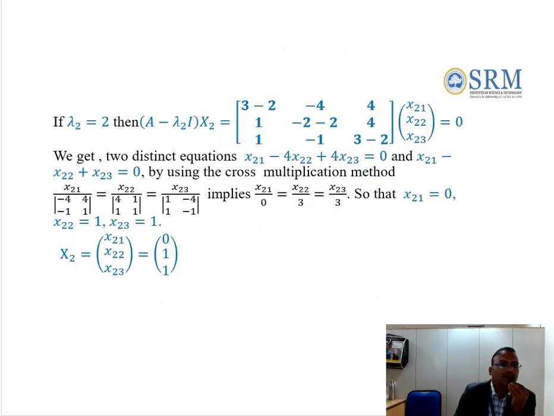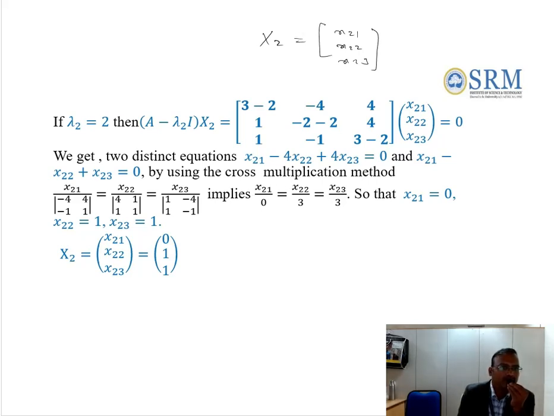Right. Now let us take the second eigenvalue, lambda 2 equal to 2, and replace it in the matrix equation (A minus lambda 2 I) x2, where x2 is x21, x22, x23. Therefore we are getting these equations: x21 minus 4 x22 plus 4 x23 equal to 0, and the second equation x21 minus x22 plus x23 equal to 0.